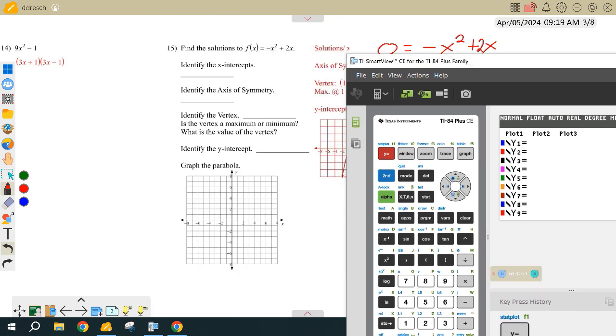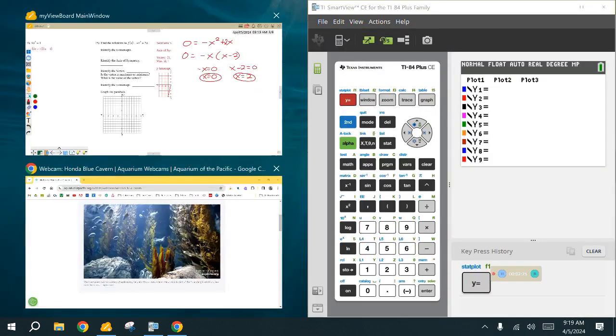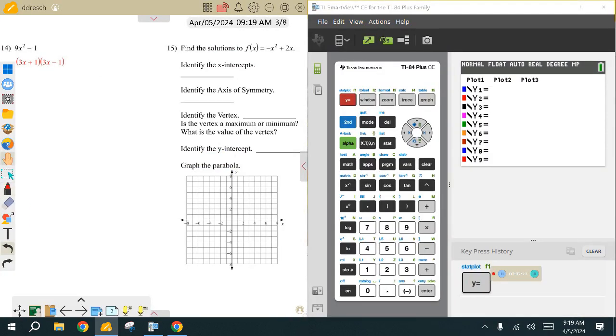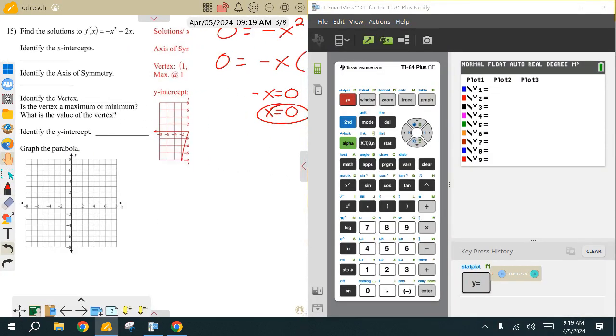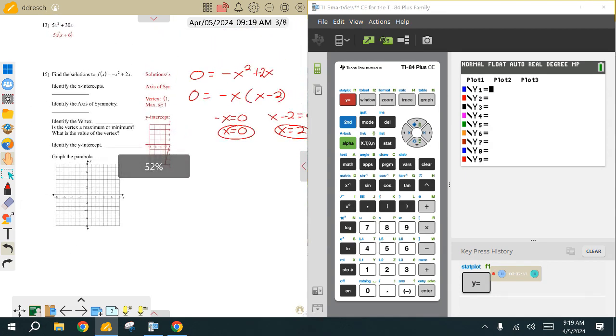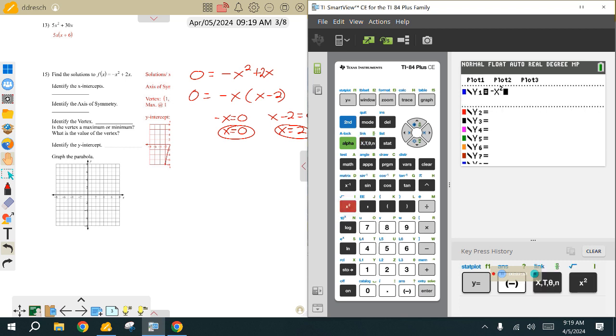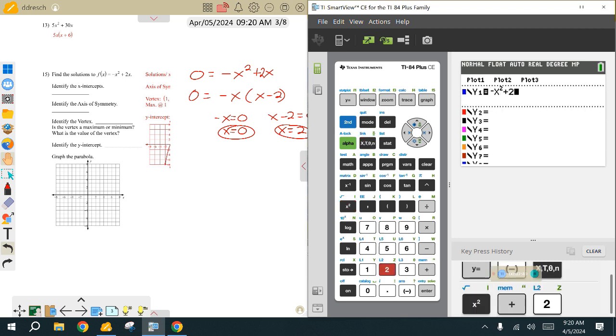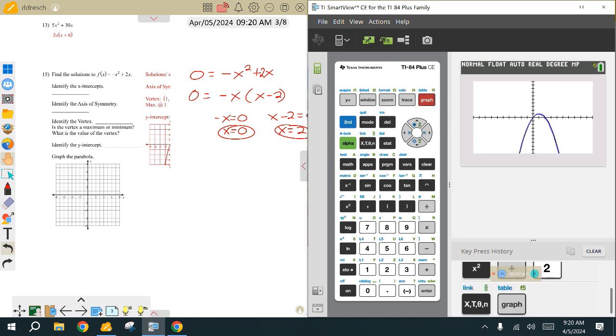So when I go to graph this thing to confirm things, or I didn't even have to do this by hand. Time is time on the SAT. So one thing I would probably just go ahead and do is say, negative x squared plus 2x. Go graph that thing. I can just quickly look at that and say, boom, my solutions were 0 and 2. I didn't have to even solve that out.